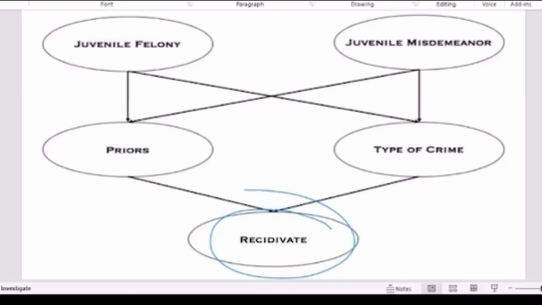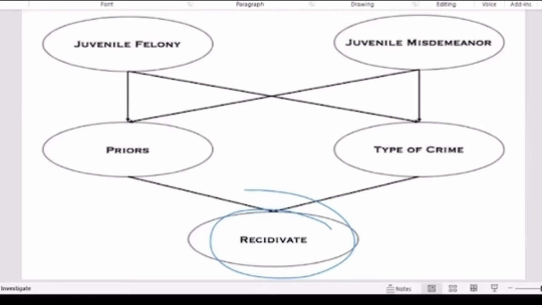It's not as if the court is not fair. Now, what we're trying to say here is that the probability that an offender is going to reoffend depends on prior conviction, and also depends on the type of crime. Does that make sense?